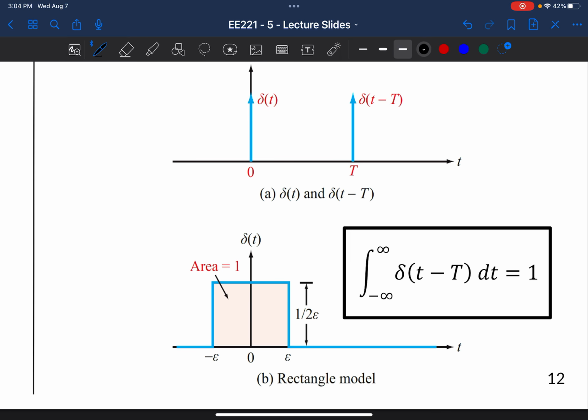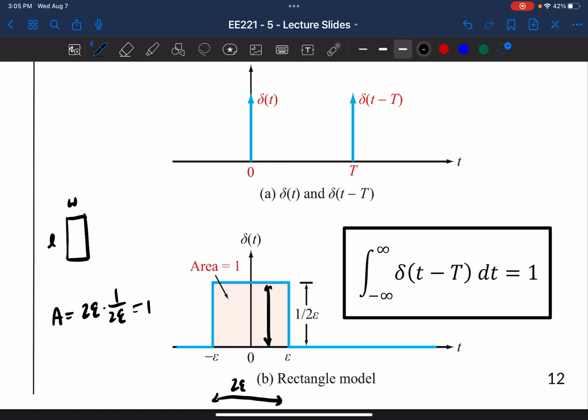Of course, if we take any rectangle, we know that its length times its width gives us its area. In this case, the length of this rectangle is 2 epsilon, and the height is 1 over 2 epsilon. So the area would be 2 epsilon times 1 over 2 epsilon, which gives me 1.